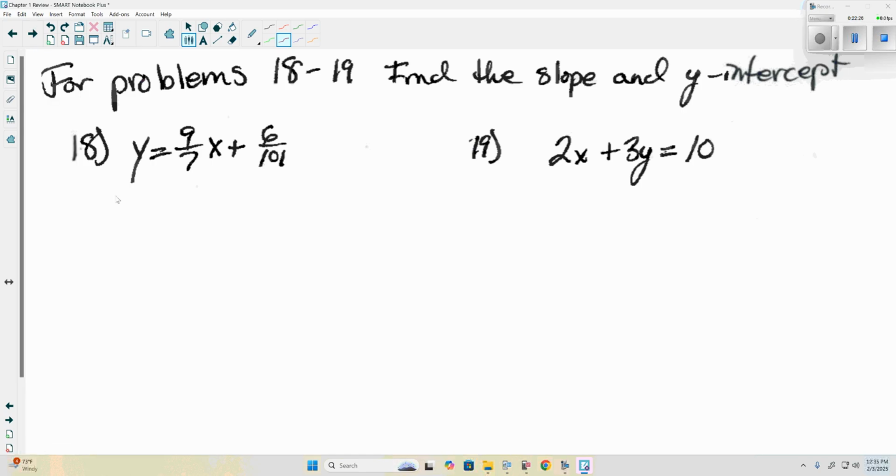Find the slope and y-intercept. M is our slope, B is our y-intercept. So for 18, what's the slope? 9/7. Now our y-intercept.